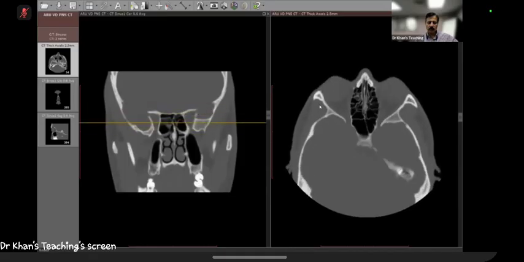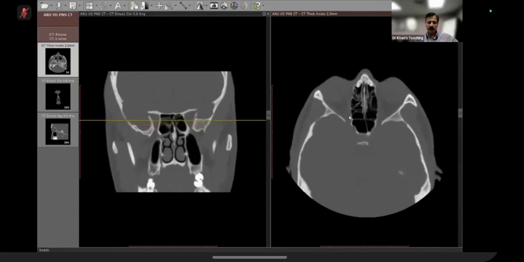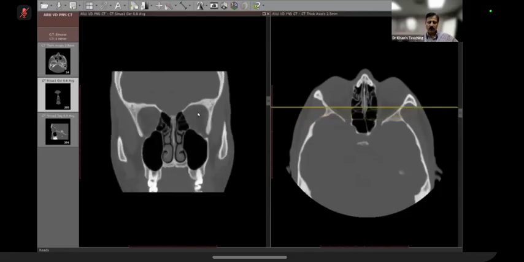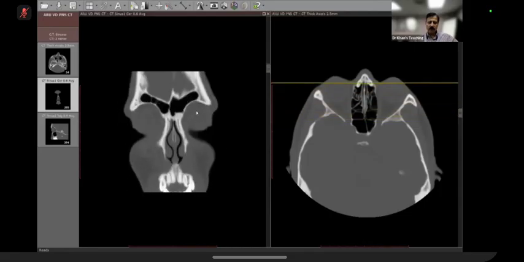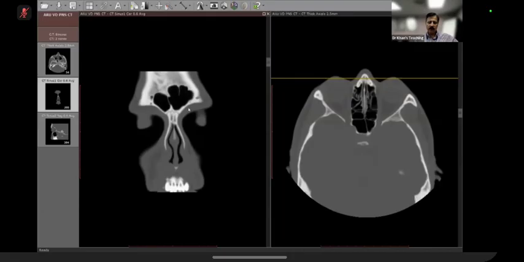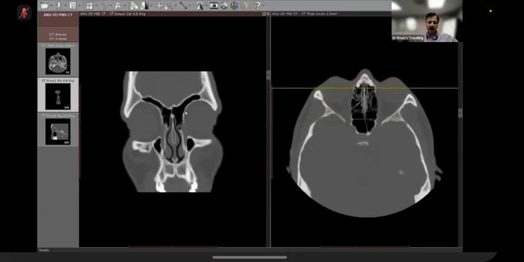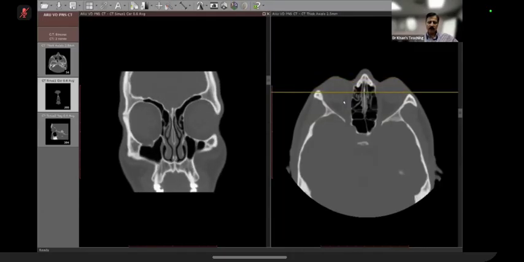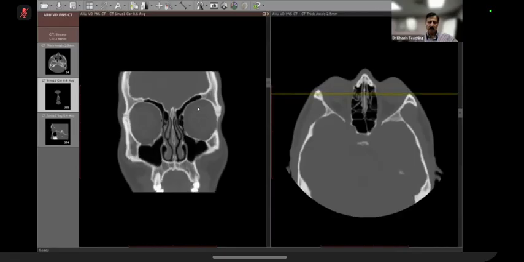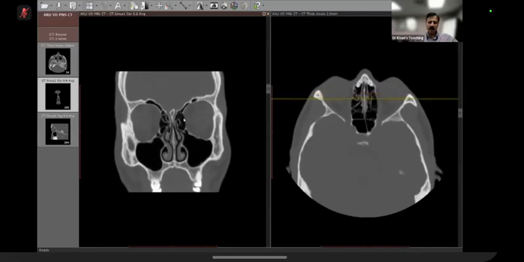Now I am at the level of the orbit, and this is the medial rectus muscle where I'm pointing out. And now you can see how I've gone anteriorly: frontal sinus, and now the ethmoid sinus. So these have to be the anterior ethmoid sinus.